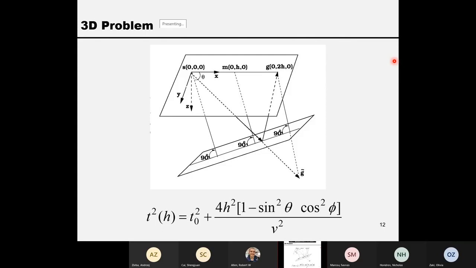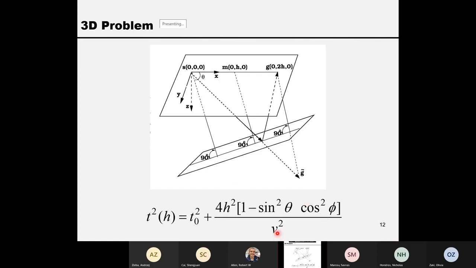That was for the 2D case, but in fact, subsurface structure is very complicated. At least you do have 3D effects. So for the subsurface plane that looks like this, you have an angle, not only the dipping angle, but also an azimuthal attribute, right? Because 360 degrees.